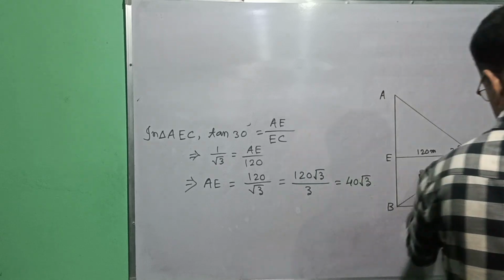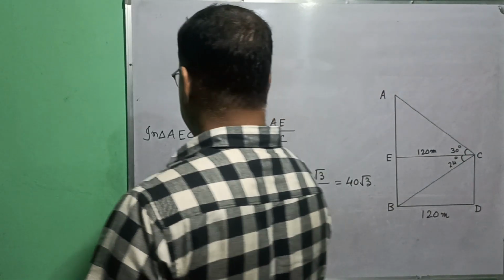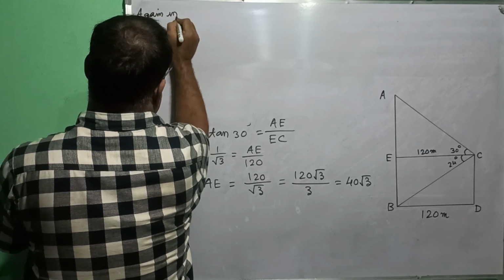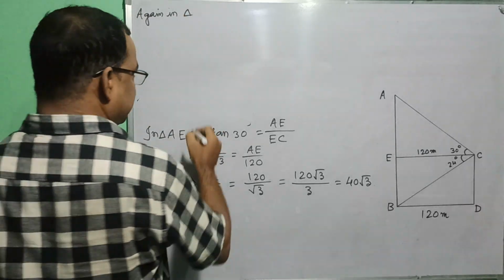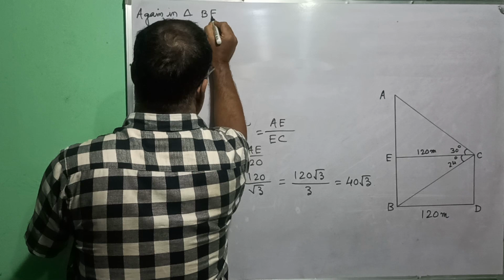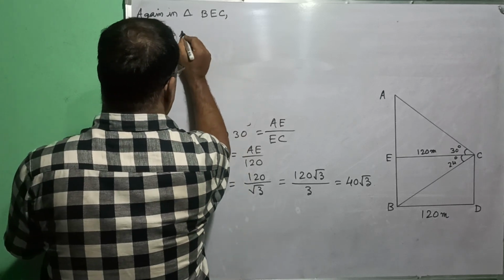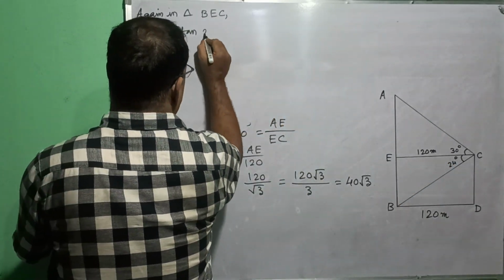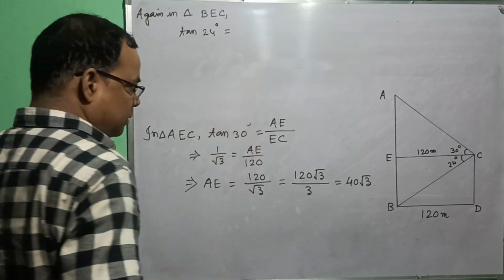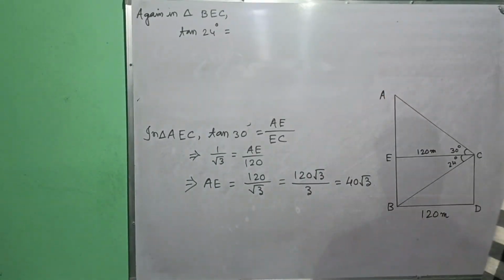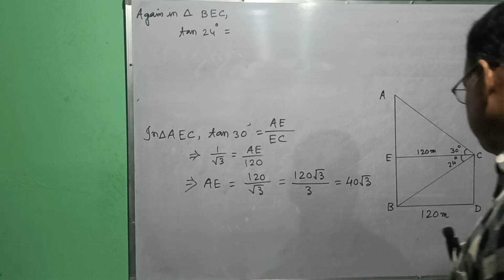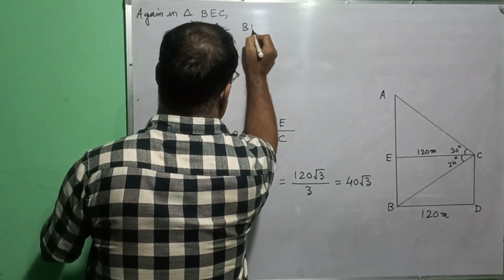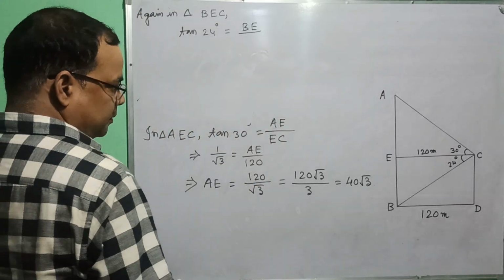Now our another triangle is BEC. We'll write again in triangle BEC, tan 24 degree equal to BE by EC.